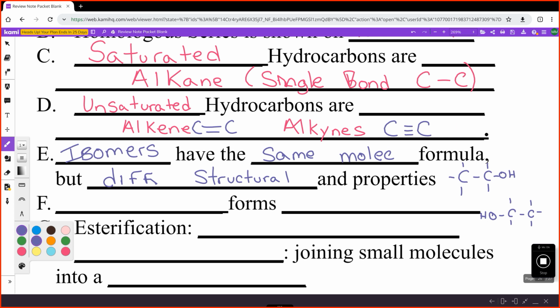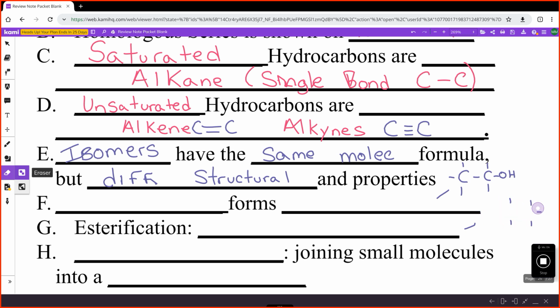One, I could rotate the picture that is drawn, and it would look exactly like that. But more importantly, if two molecules have the same name, this one is called ethanol, and this one is called ethanol, they're not isomers. They can't be. Yes, they have the same molecular formula. They are drawn differently, but their structure is not different, as evident by the name.